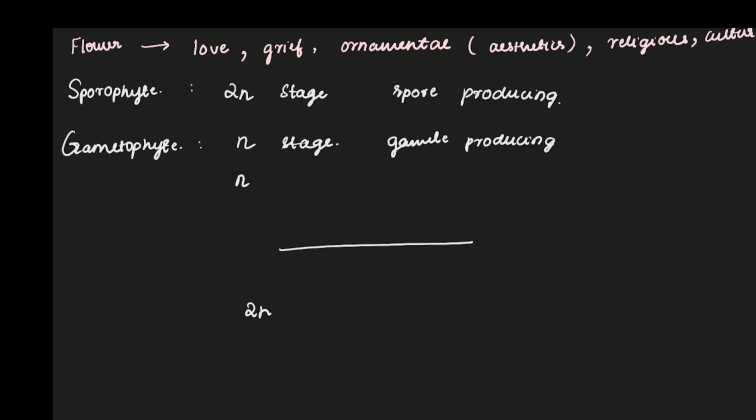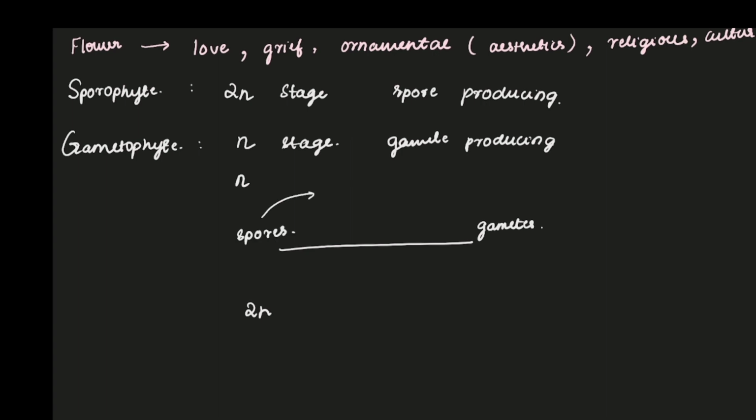So this is actually the alternation of generation that we learned about. Let's start anywhere in the cycle. Let's start from here, gametes. What causes the formation of gametes? Spores. How?